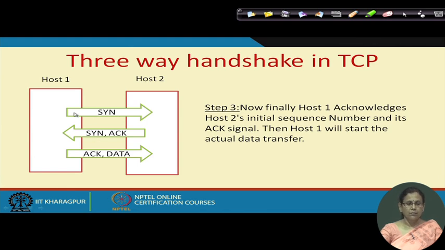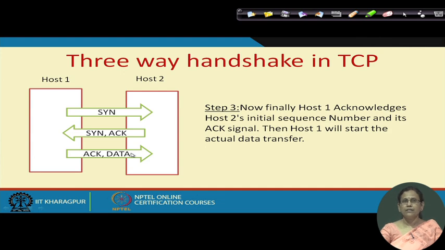First, some synchronization number is sent to host 2, then host 2 acknowledges that it has received the number and tells from which sequence number it will start getting the data. So, at the end of the second step, host 2 actually waits for host 1 to send the acknowledgement as well as the data.